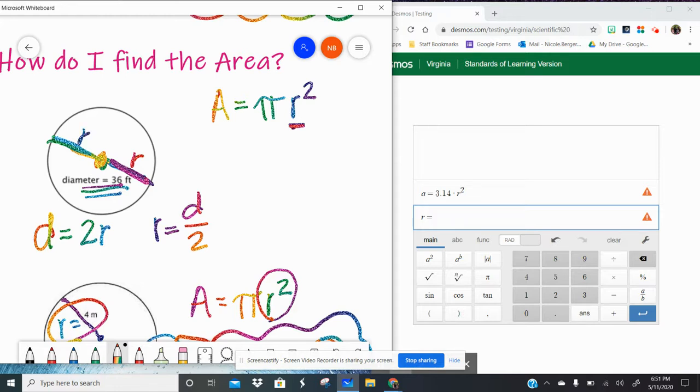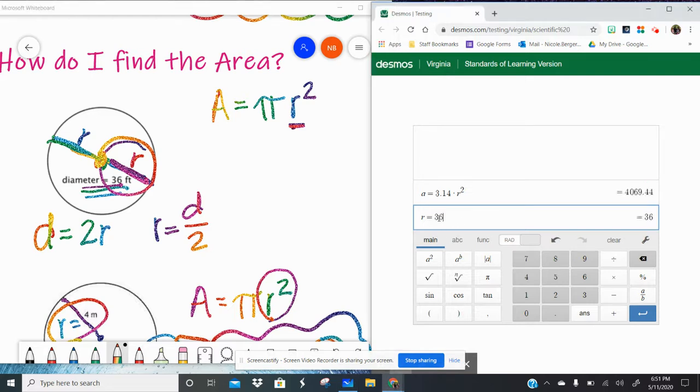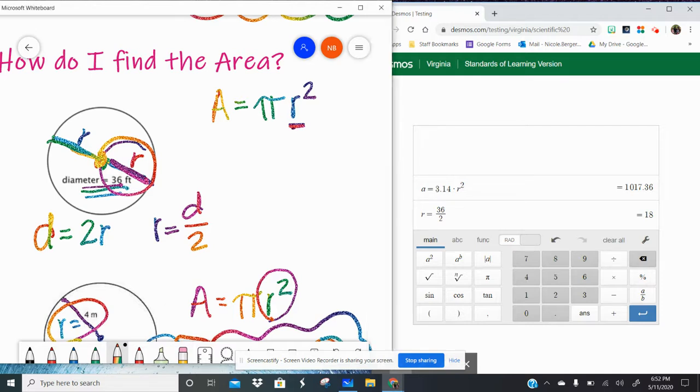So 2 radii, I don't know how to pluralize radius, form the diameter. But we just want half the length of the diameter. So if I know the diameter is 36, I can divide that by 2, and it'll calculate the area using 36 divided by 2, which is 18. So it's plugging in 18 for that r, squaring it, then multiplying it by pi.